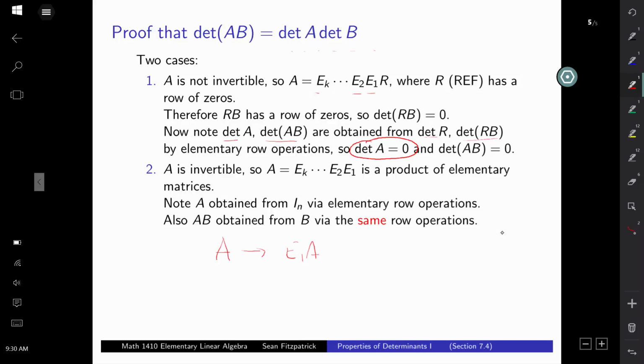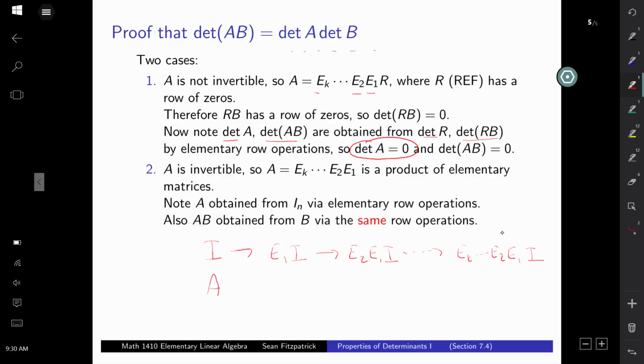Well, actually, sorry. On the one hand, let's do the identity first. So we start with the identity. We do E1 times the identity, E2, E1 times the identity, down to EK, E2, E1 times the identity.